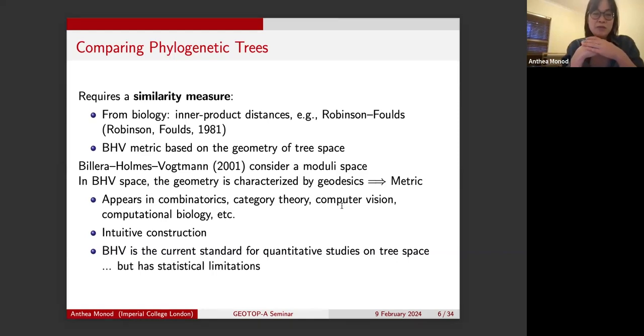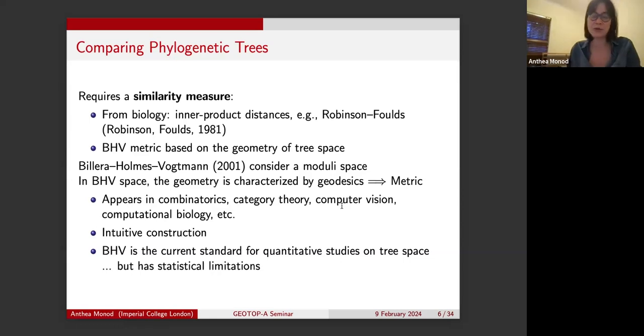So the answer to this is a more geometric one, the BHV metric, which was proposed by Billera, Holmes, and Vogtmann in 2001, where they look at the space of trees as a moduli space.